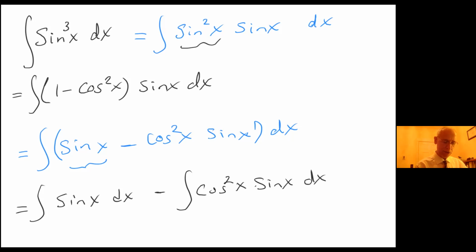So let's go to the next page. What is the integral of sine of x dx? The integral of sine of x dx is minus cosine of x. And then I'm left with minus the integral of cosine squared of x sine of x dx.